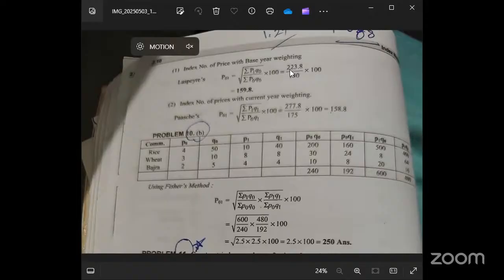So in the first question they asked us to do with the base year, and the next question is with current year.